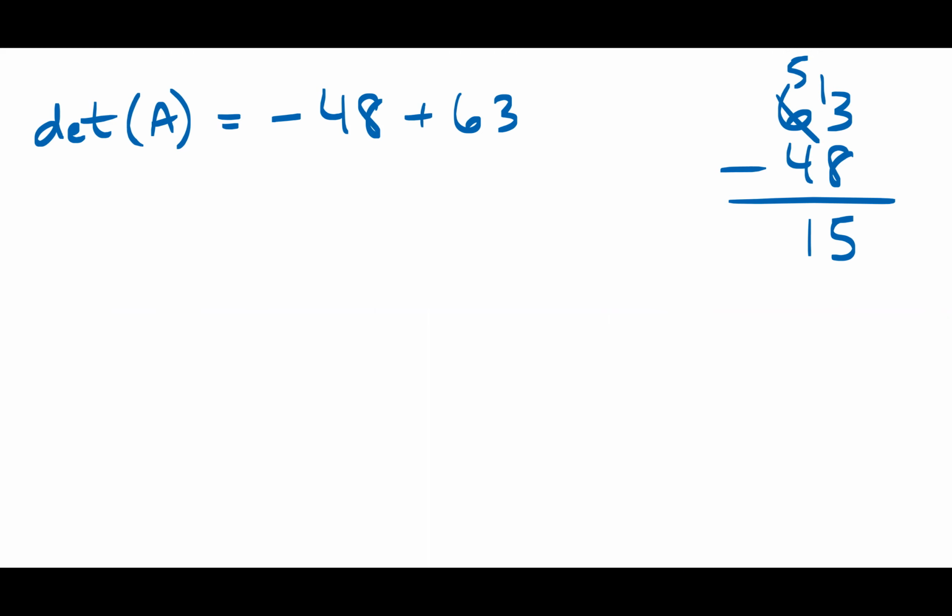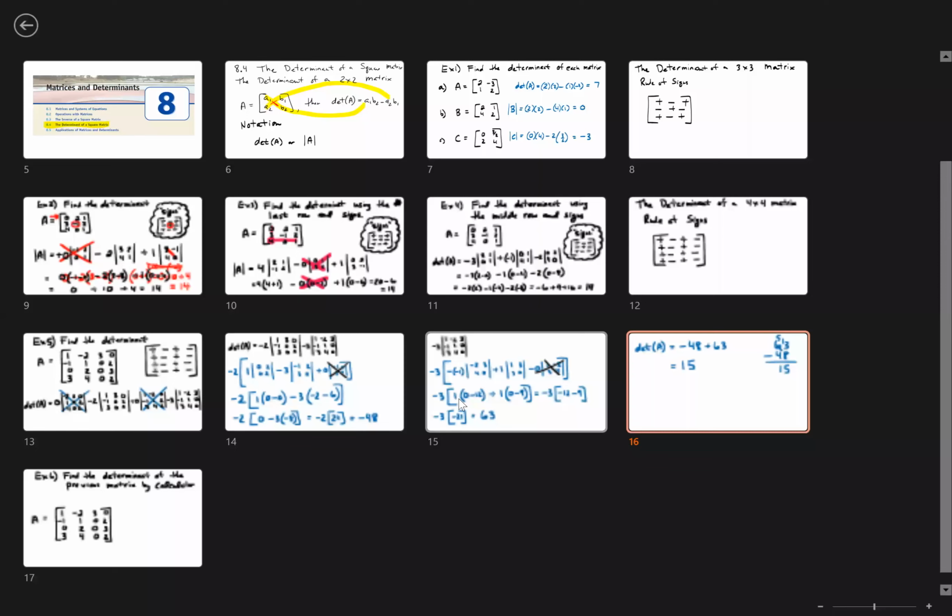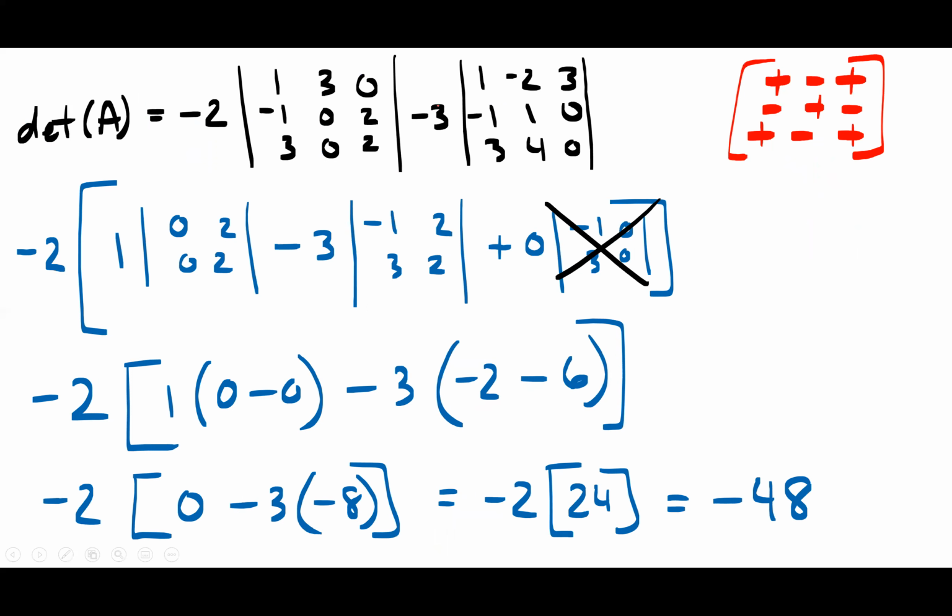Why is it addition? It was addition because it was -2 and negative. Initially, when we did it, it was a -3 out here. We already did our multiplier to -3, and our -3 multiplier caused it to be a 63 positive.